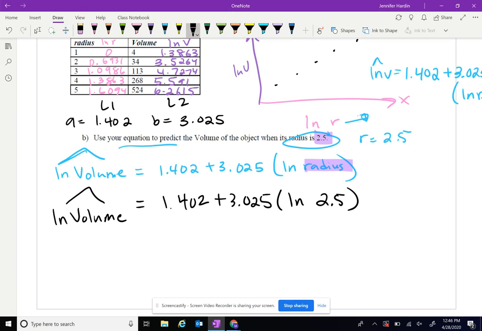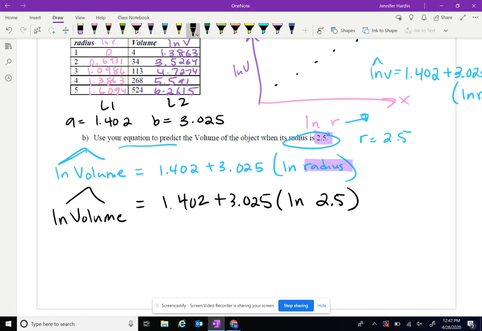So order of operations, we need to start inside the parentheses, and we need to take the natural log of 2.5. Okay, that's a really long decimal, 0.916. I'm going to multiply that by 3.025.